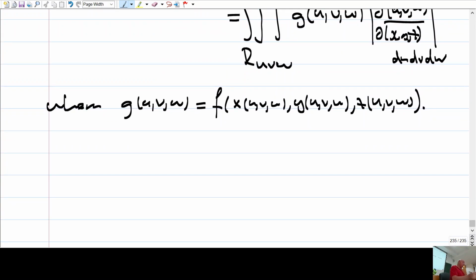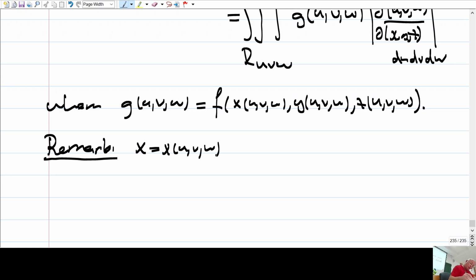Let me do some examples. But first, as a remark: x is a function of u, v, w, y is a function of u, v, w, and z is a function of u, v, w.